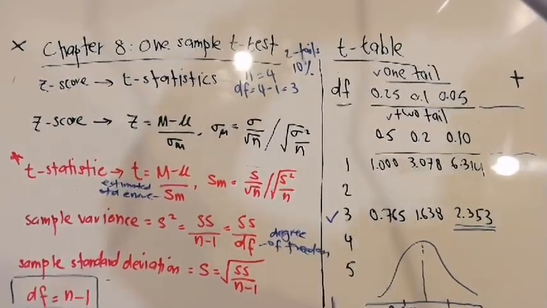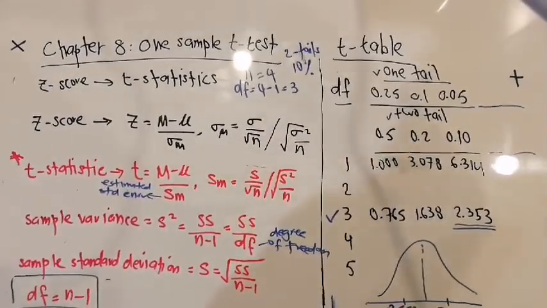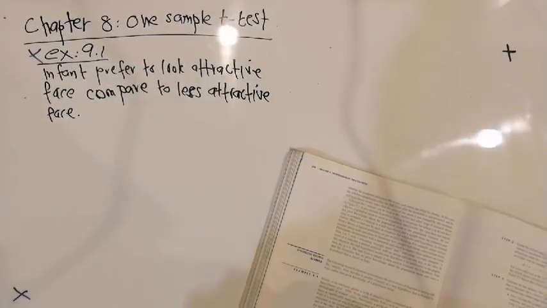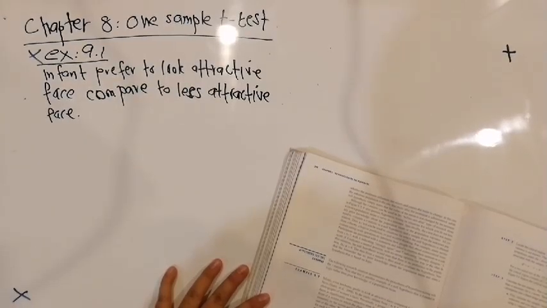Okay, I will give you one example. Let's take a look at example 9.1, which I gave you in Telegram. I made a summary of what the question is about. The researcher wants to find out whether infants prefer to look at attractive faces compared to less attractive faces.